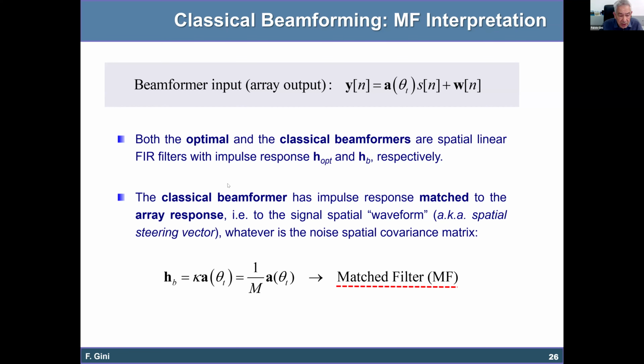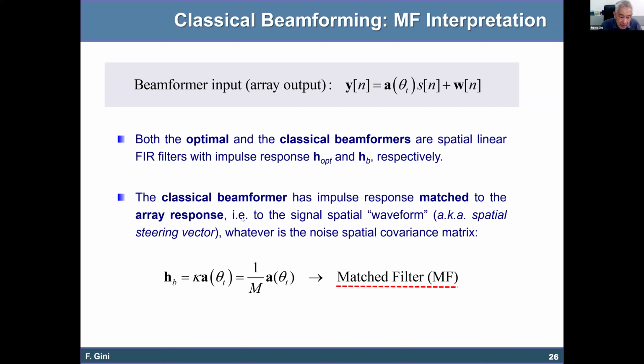Okay, let's go back to the classical beamformer. The classical beamformer is nothing but a matched filter, because the observed vector y is proportional, and the proportionality parameter is s of n, so it is proportional to this vector. And this vector is what? It is the array response calculated at the direction of arrival of the source, plus noise.